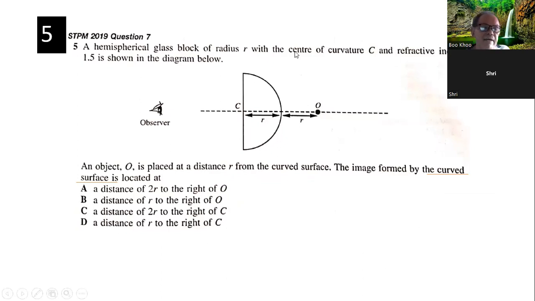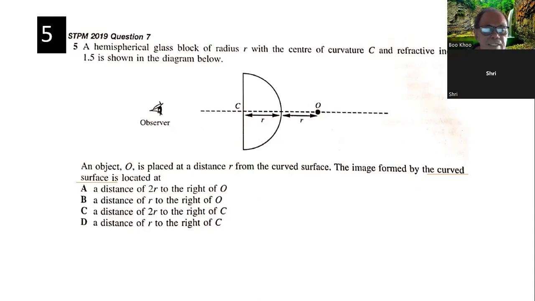Hemispherical glass block of radius R with center of curvature C. That's the center of curvature C, and refractive index 1.5 shown in the diagram below. An object O is placed at a distance R, that's your R, from the curved surface.